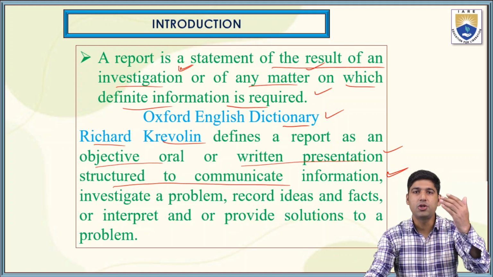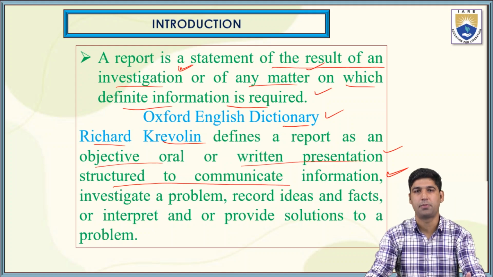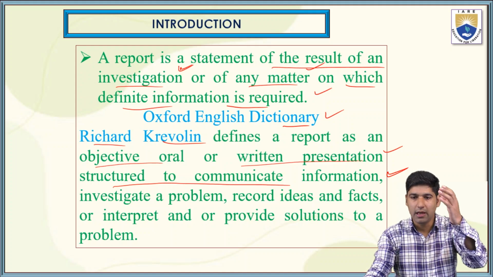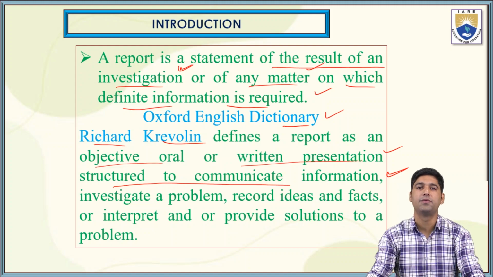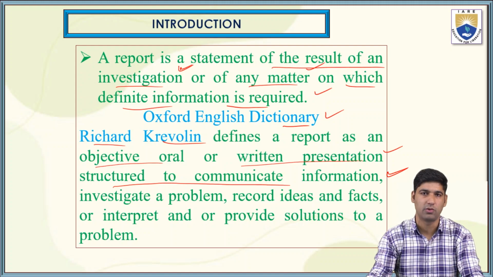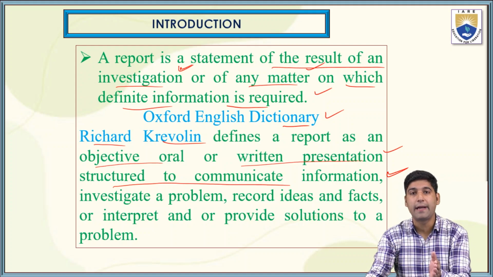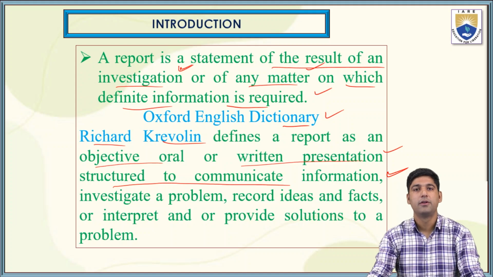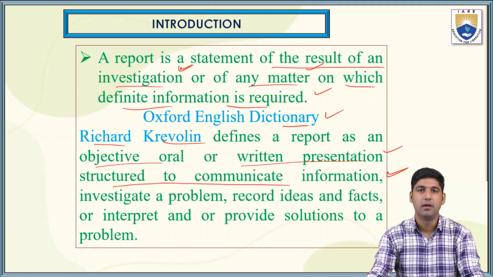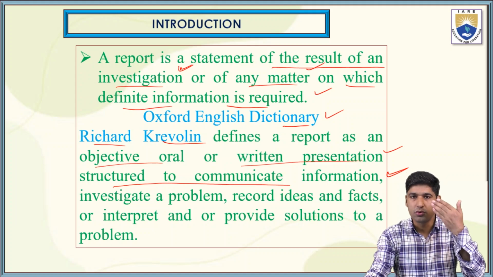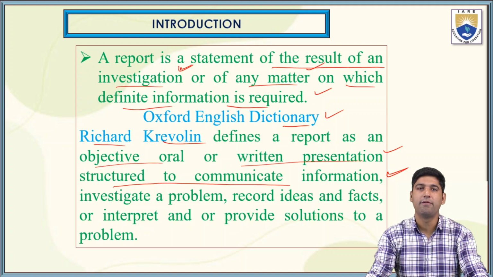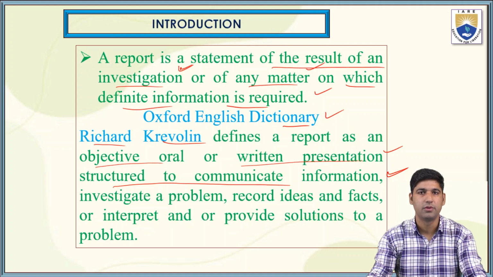One is that it can reach the people who have not attended this program. Second is we can look upon all the activities which have been conducted in a particular program. So this report conveys information to the people who haven't attended, or to the people who want to go through the program once again with the help of the report.